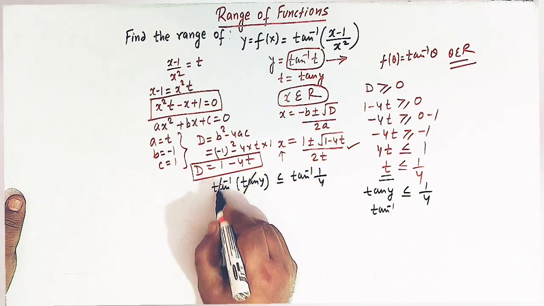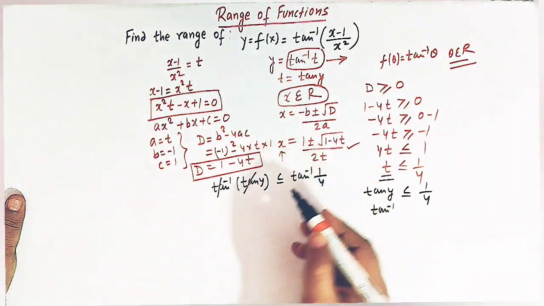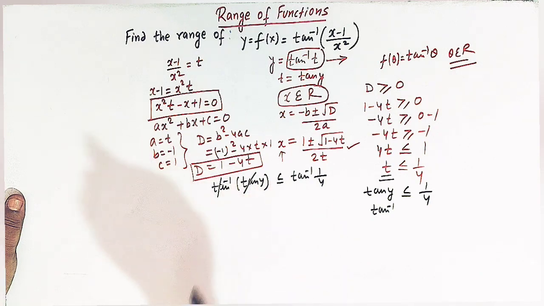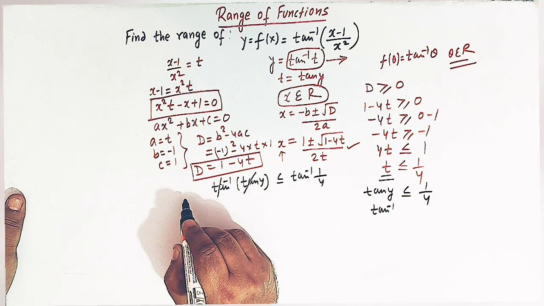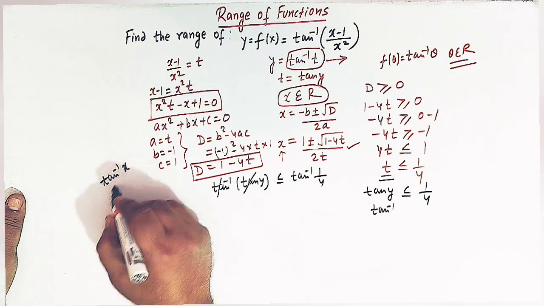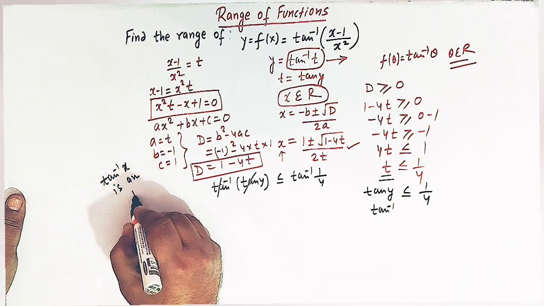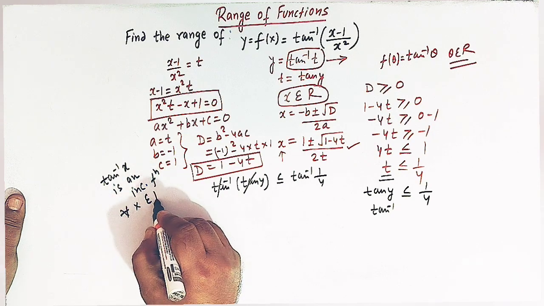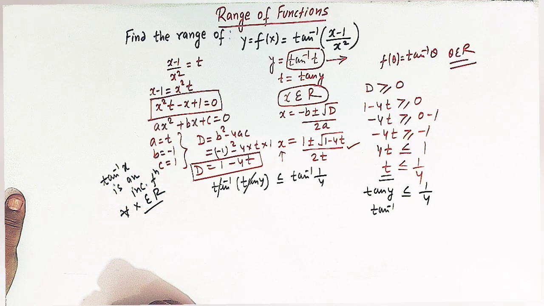Here these two get cancelled due to the concept of principal value branch. In other words, we can also say that the tan inverse function is an increasing function for all values of x belonging to the set of real numbers.